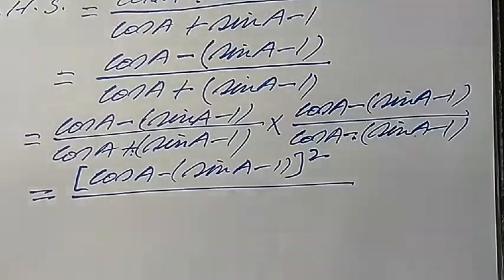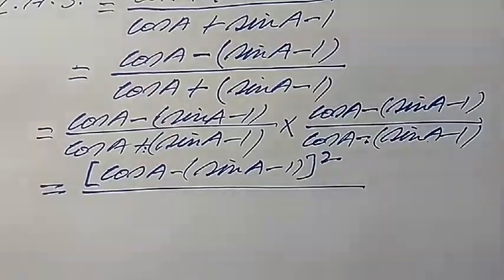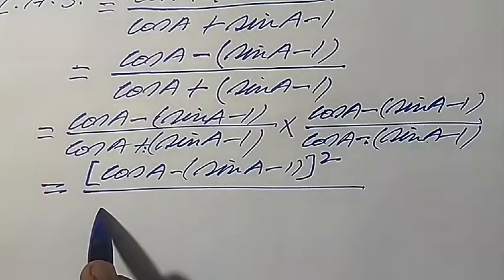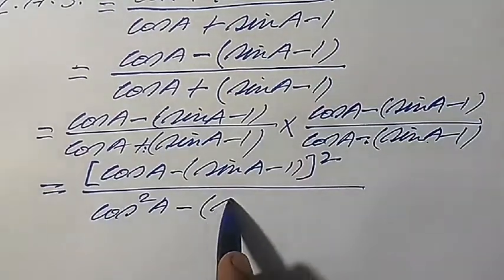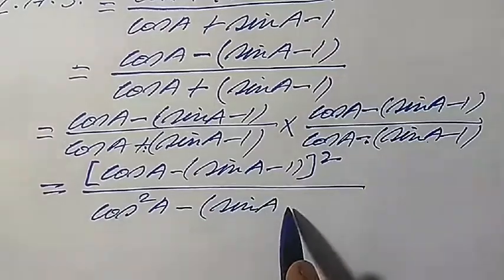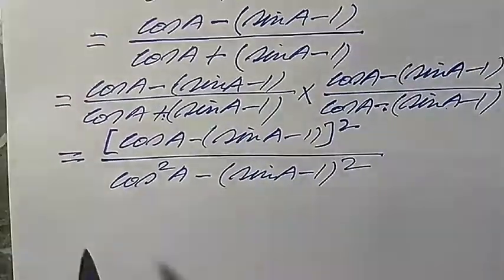So we may use the A plus B, A minus B formula, which is equal to A square minus B square. Using that formula we may write them as cos square A minus bracket sine A minus 1 whole square.